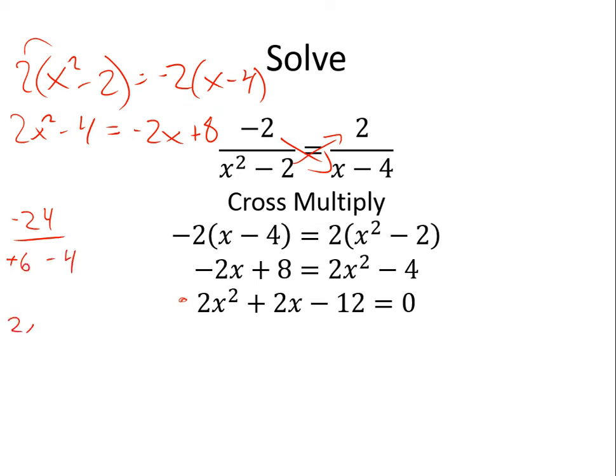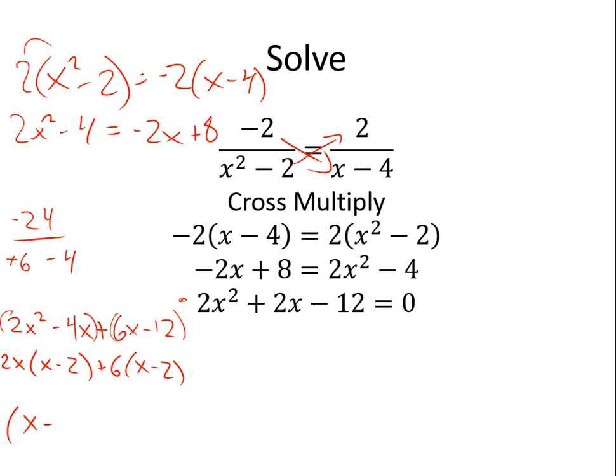So we would have 2x squared minus 4x plus 6x minus 12. Group factor the first two, group factor the last two. The first, 2x comes out, leaving you with an x minus 2, and a 6 comes out of the next one, gives you an x minus 2. Since they're the same, that's 1.